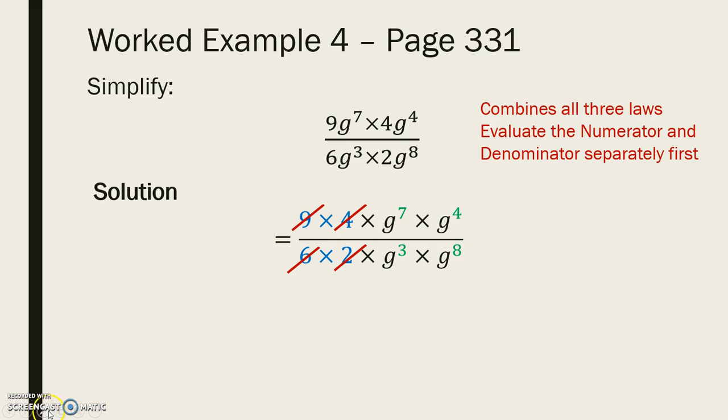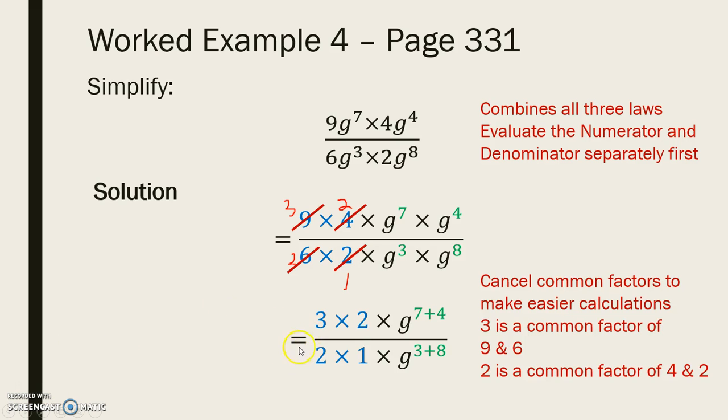So that means this becomes 3, and this becomes 2. 4 and 2 have a common factor, so that's going to become 2 and 1 when we divide by them. So 3 times 2 over 2 times 1, those 2's also cancel, so if we like, we can cancel them out as well.